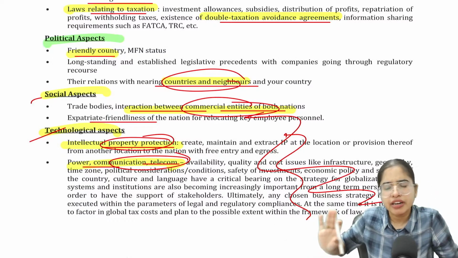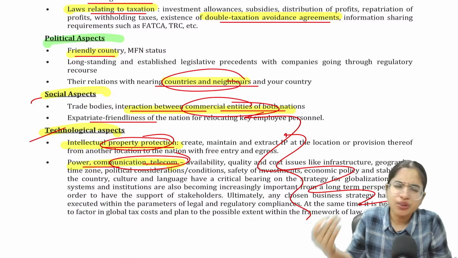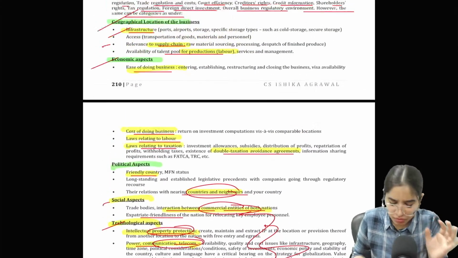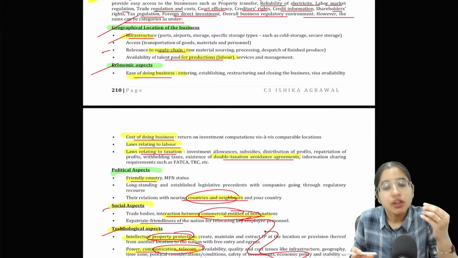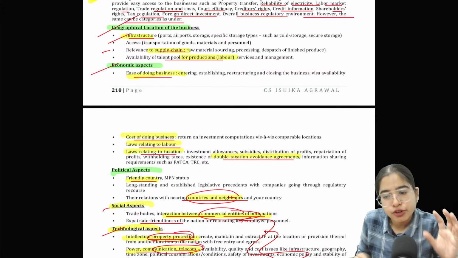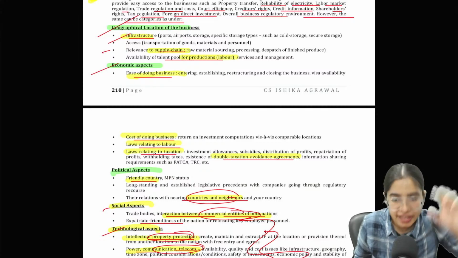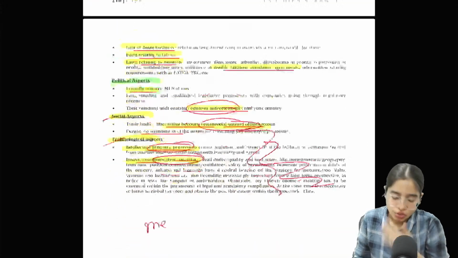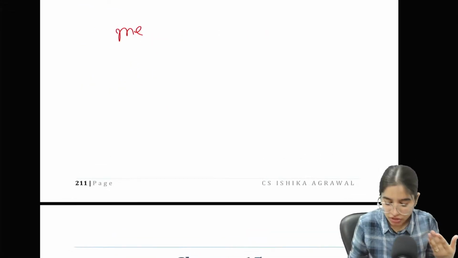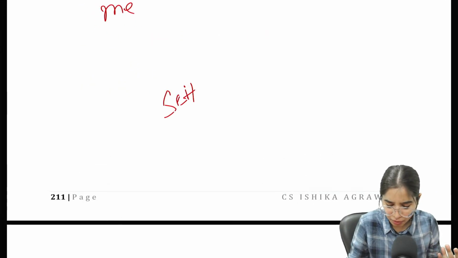Inside matter you can write on your own, like understand, and write on your own. So don't just memorize by heart everything. Understand first and then try to memorize only the keywords, the headings, and the rest you can write in your own language, right? So with this we are done with this topic, which is setting up of business outside India.